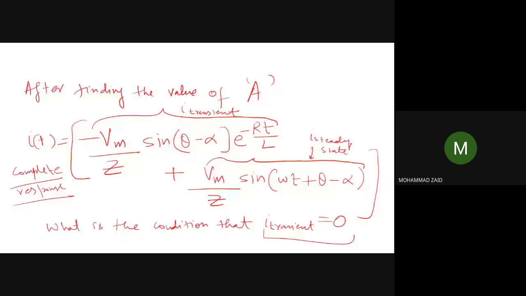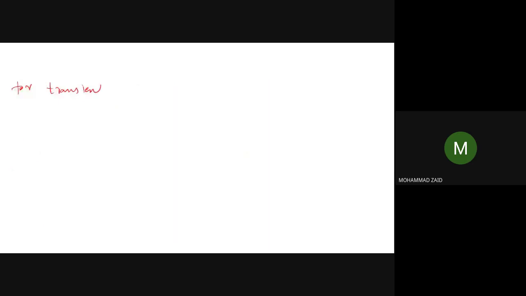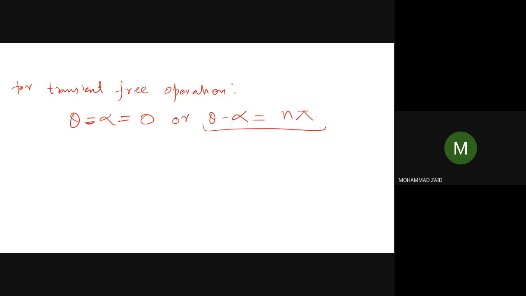So easily we can write down, for transient free operation, we can have the condition of theta minus alpha is equal to 0, or theta minus alpha equal to some integral multiple of n pi, because as you know the sine function is 0 at this condition.